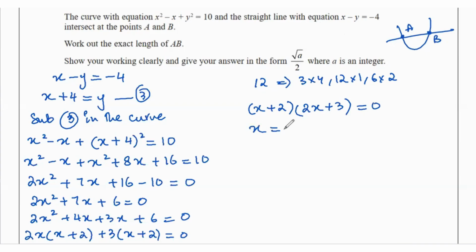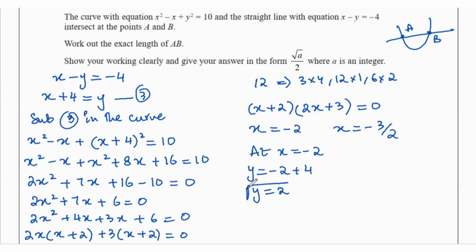One value of x is negative 2 and the other is negative 3 over 2. Now to find the corresponding y values, we put these into the third equation. At x equals negative 2, y equals negative 2 plus 4, that's positive 2.